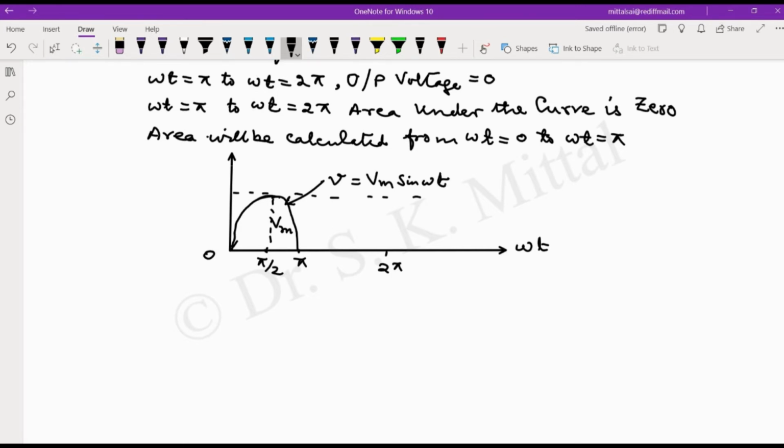Means this curve is represented by V is equal to Vm sin omega t, for every value of omega t, whether we take the omega t value at this point or this point or this point. So now, in mathematics, to calculate the area, we consider a thin rectangular strip.